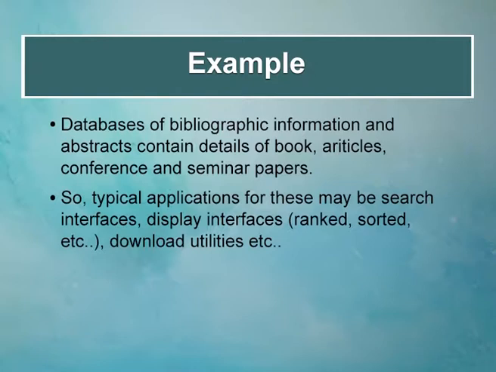Just for example, let us see databases of bibliographic information and abstracts, which contain details of books, articles, and conference and seminar papers. What will be the typical operations for these? You have to provide interfaces to get the bibliographic information for the user, or a display interface.